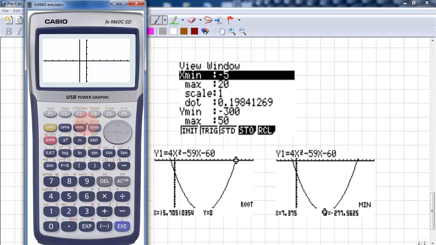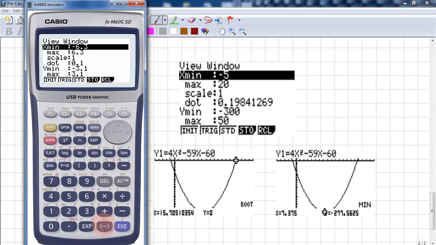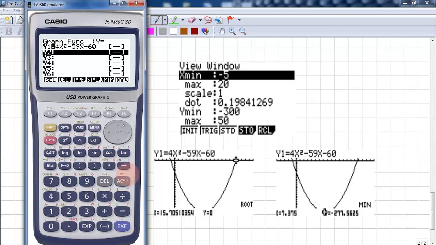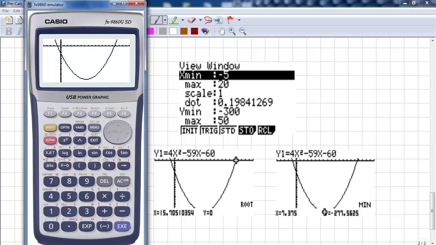To enter the window, we press F3, and negative 5 and 20, negative 300, 50, and 10. And we get that curve.